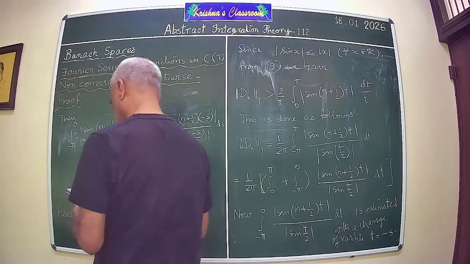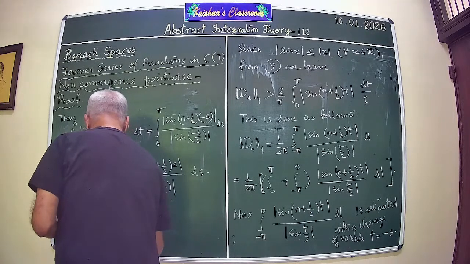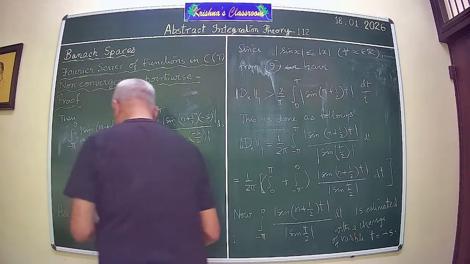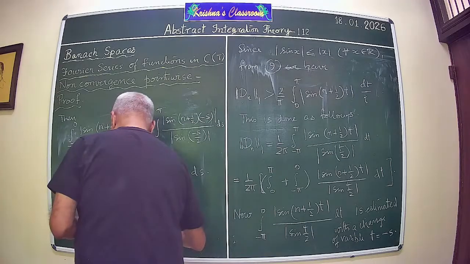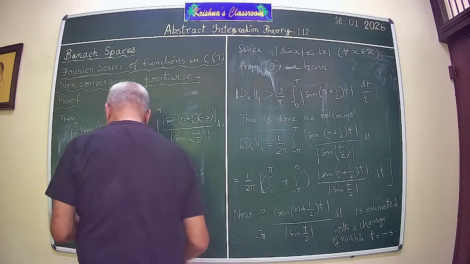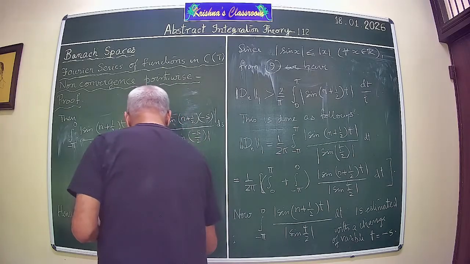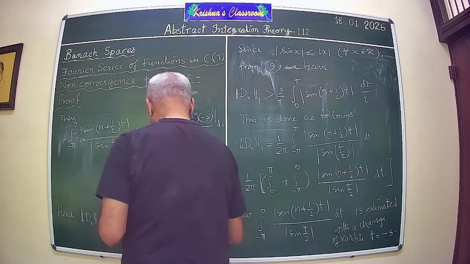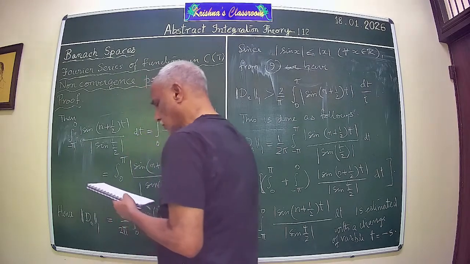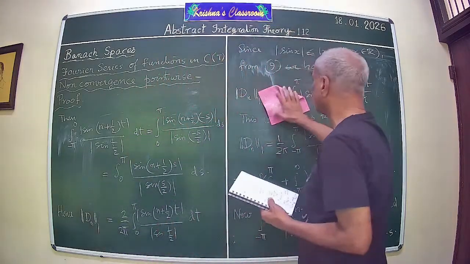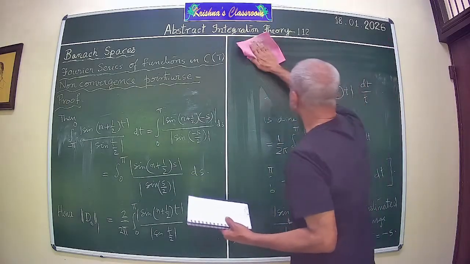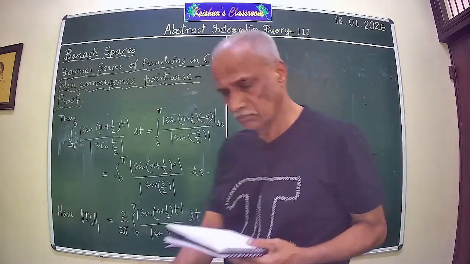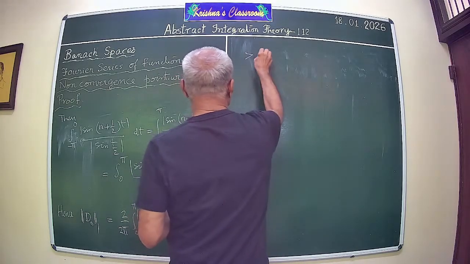Therefore, now we substitute for that, and consequently now we equal to 2 by 2 pi integral 0 to pi dt, which is estimated as greater than 1 by pi.